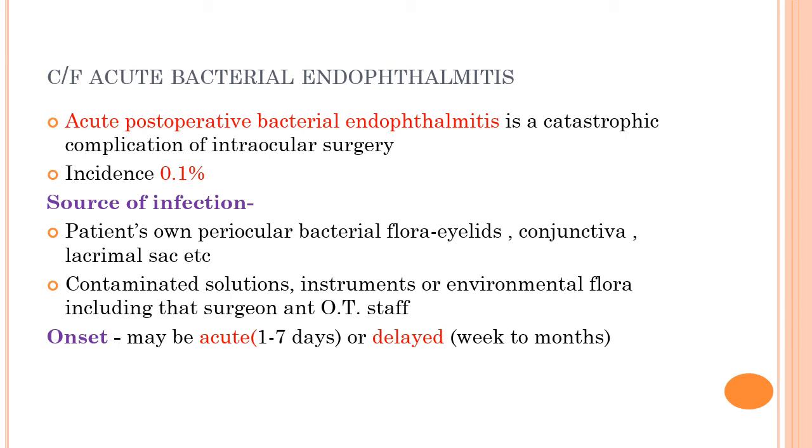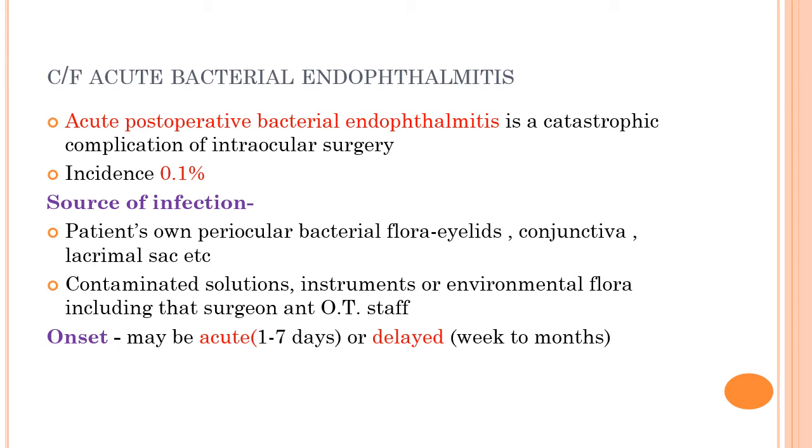To avoid that, go for lacrimal surgery before your intraocular surgery. If any lid pathology is there, such as a stye, conjunctivitis, or any lid deformities, try to treat those things before going for the surgery.